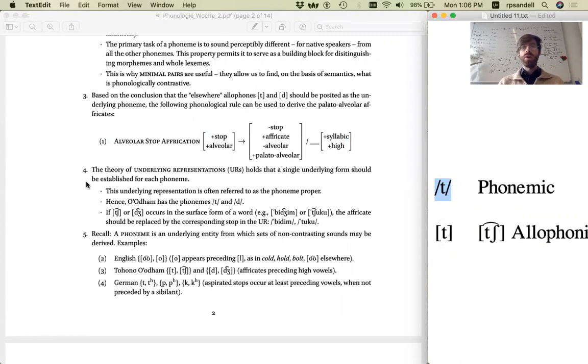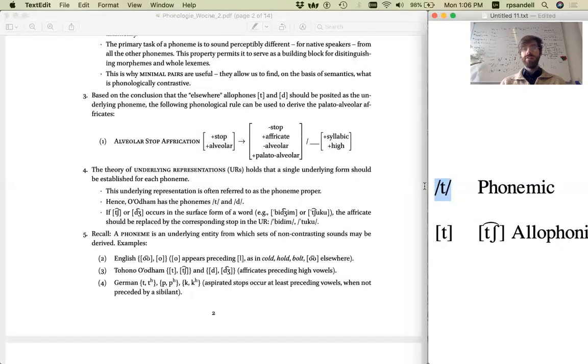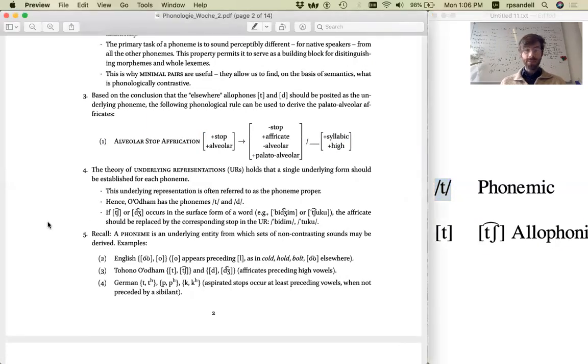In other words, what our alveolar stop affrication rule is also saying is that the appearance of the palato-alveolar affricates is completely predictable in this language, whereas the occurrence of the elsewhere allophone, the alveolar stop allophone, is not wholly predictable. And that's precisely why we choose the elsewhere allophone as the underlying representation.